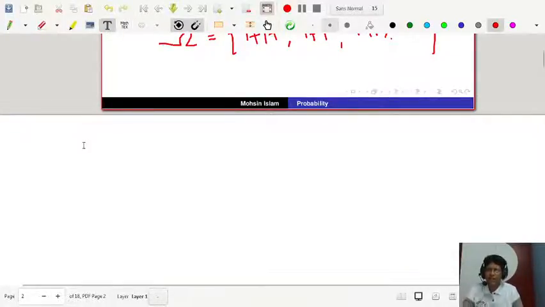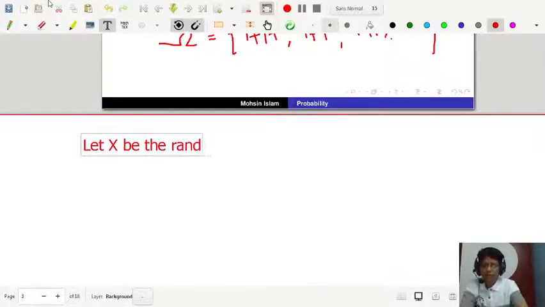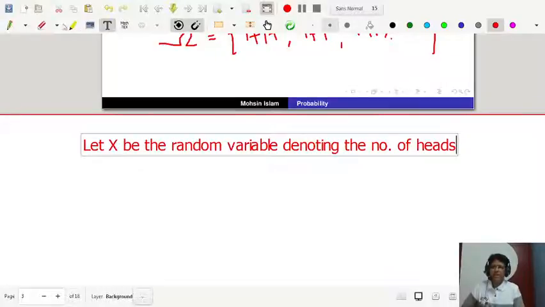So in this case, let X be the random variable denoting the number of heads. In every problem on distributions you have to define the random variable.